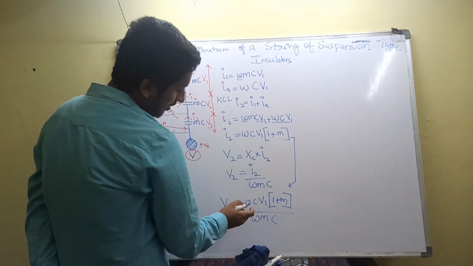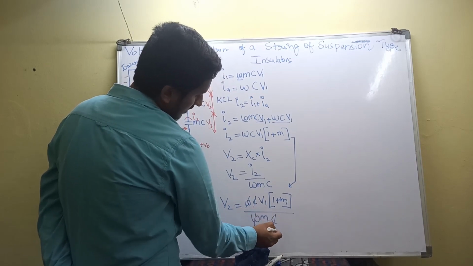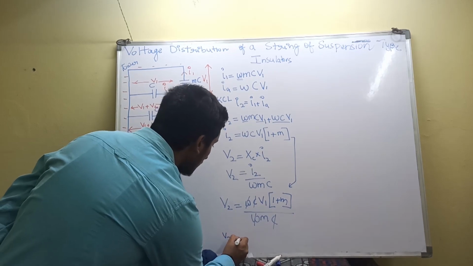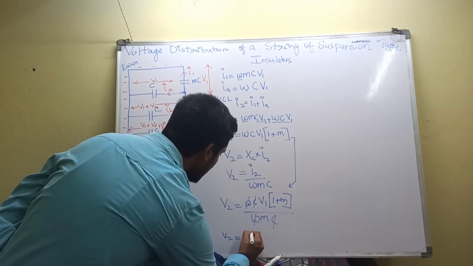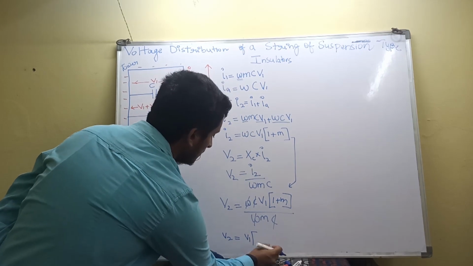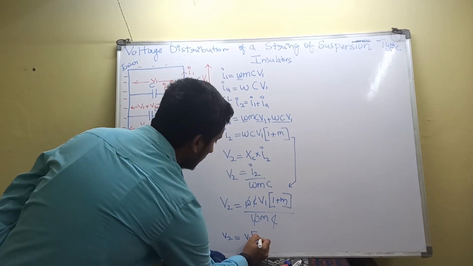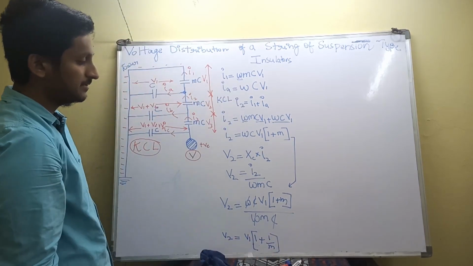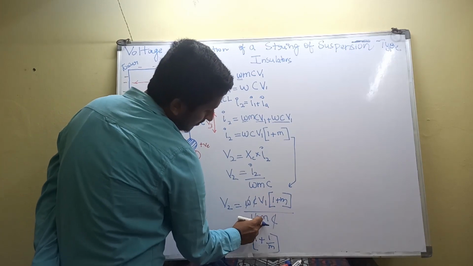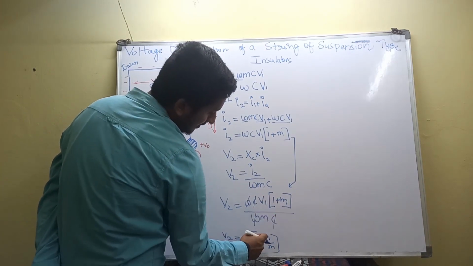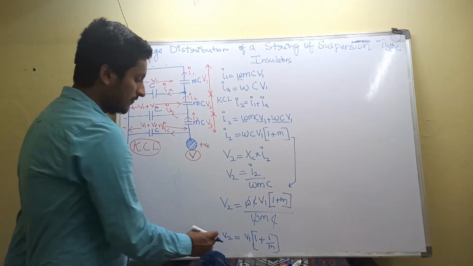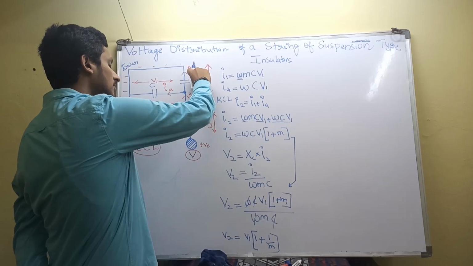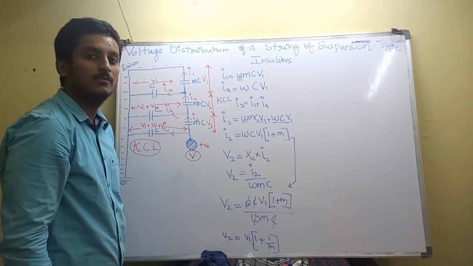So I can cancel omega C here. Now the final equation will be V2 is equal to V1 into 1 plus 1 by m. It is very simple. So we are seeing this V2 term in terms of V1. That is what we have written here very simply.